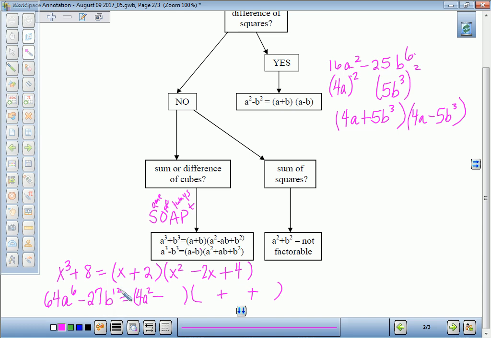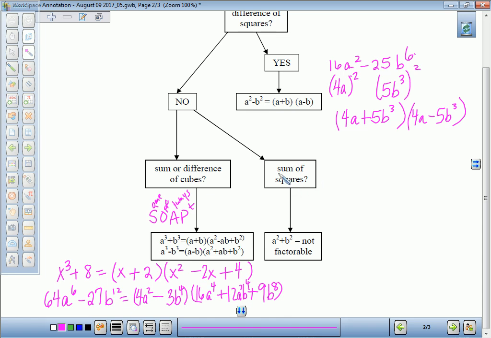The cube root of 27b to the 12th would be 3b to the 4th. Okay, and then we would square that first term. 4a squared squared would be 16a to the 4th. The product of the two, 12a squared b to the 4th, and square the last, 9b to the 8th. And that is a sum and a difference of cubes.